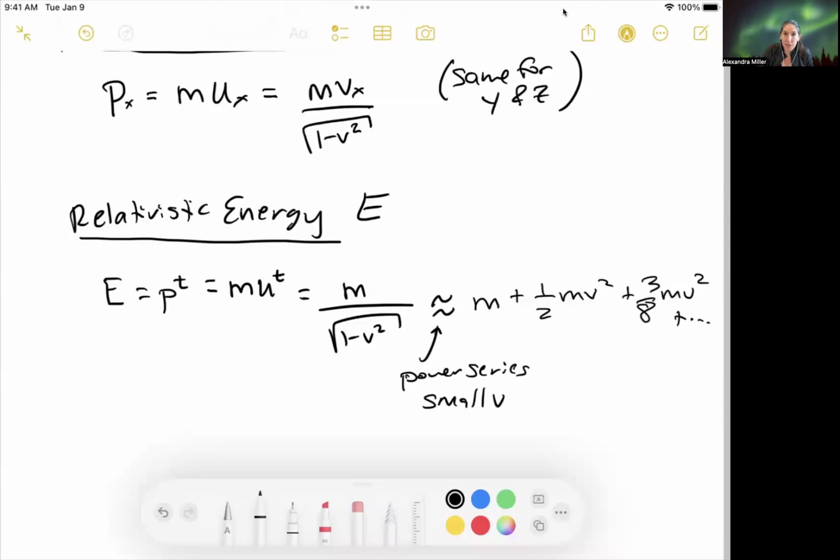So really it's these first two terms that say, hey, this looks like an energy, because the m here, that's some rest energy, or rest mass, the energy associated with a particle that's just sitting still. And then this next piece is the good old-fashioned kinetic energy. So this is going to motivate defining the time component of our four momentum as some relativistic energy. And eventually we're going to see that this really is going to be our energy.